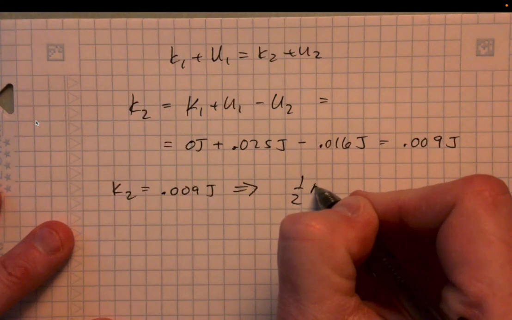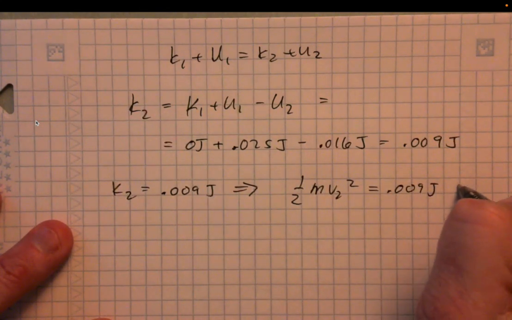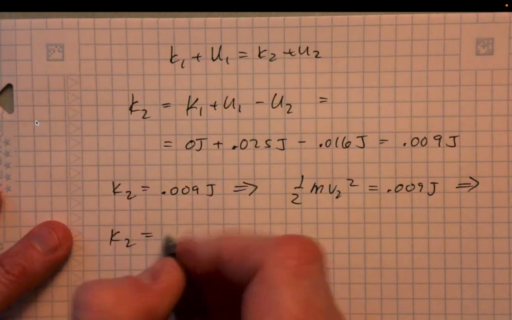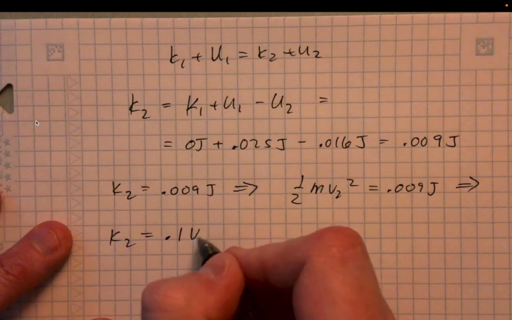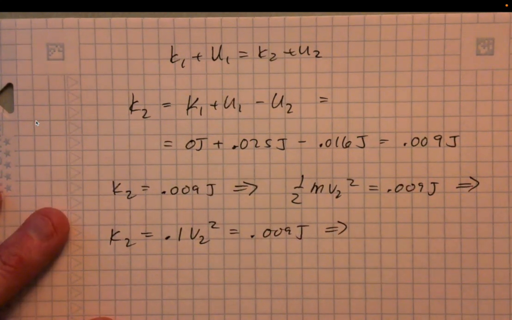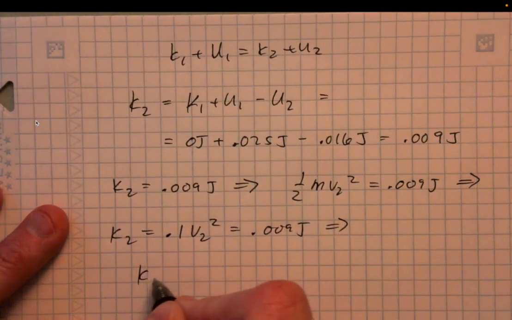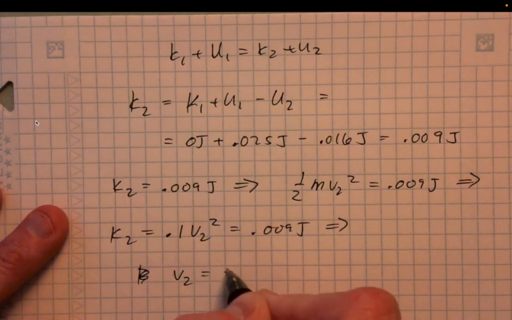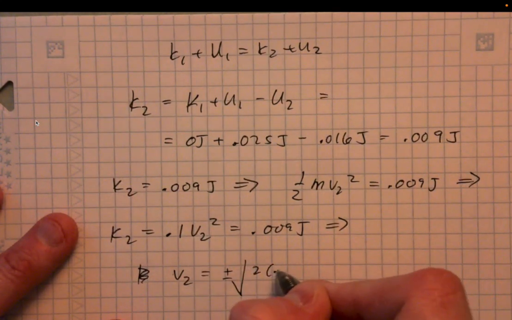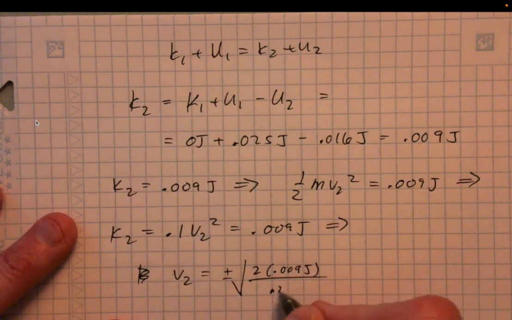So K2 equals 0.009 joules, which implies that 1/2 m v2 squared equals 0.009 joules. And we saw before that K2 is equal to 0.1 v2 squared, and so that's 0.009 joules. And so we can multiply all this together, and what we see is that v2 is equal to plus or minus the square root of 2 times 0.009 joules over 0.2 kilograms.